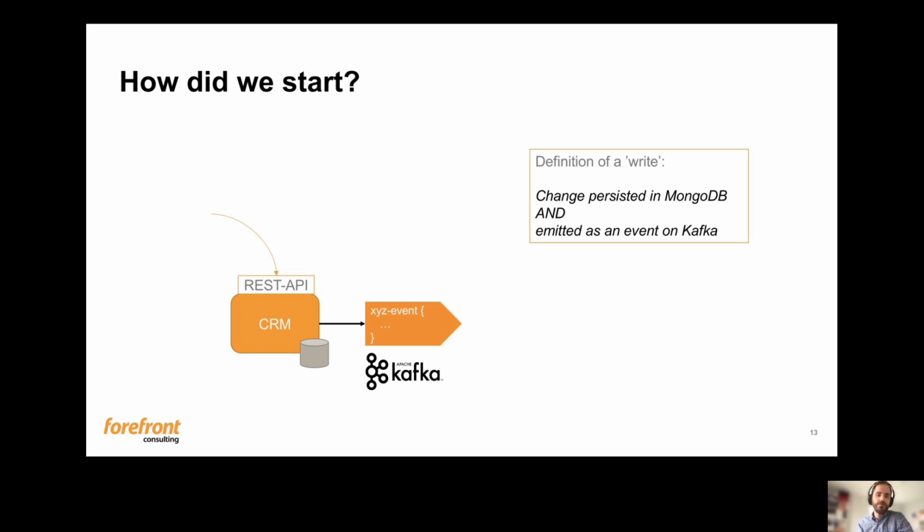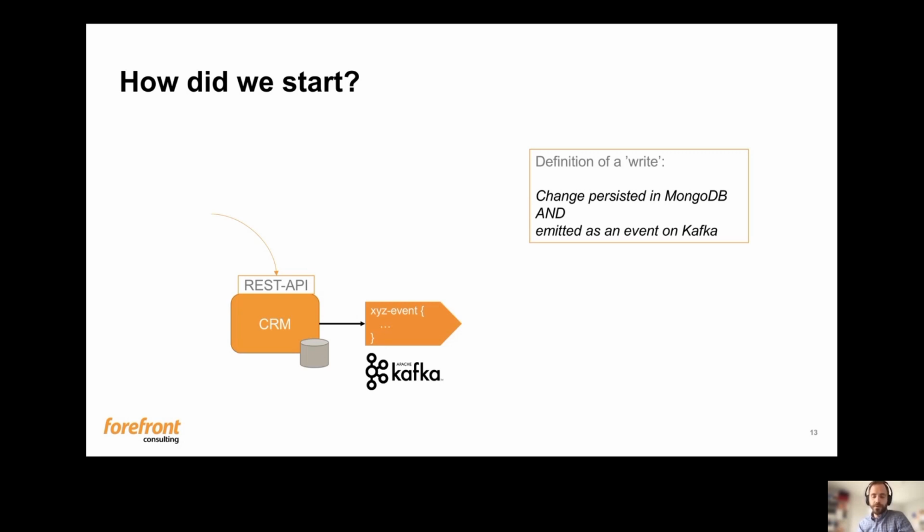So each command or change was also emitted to a Kafka topic. And this Kafka topic we configured with infinite retention time. So we were never supposed to delete anything from that. We were about to store all the changes to all the customers forever, basically.